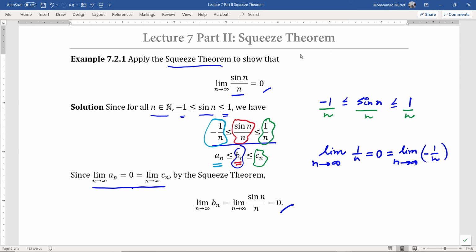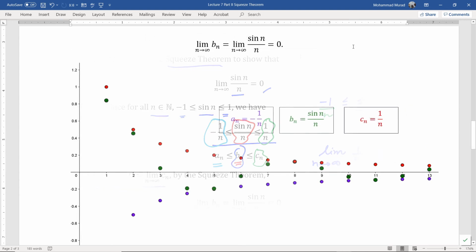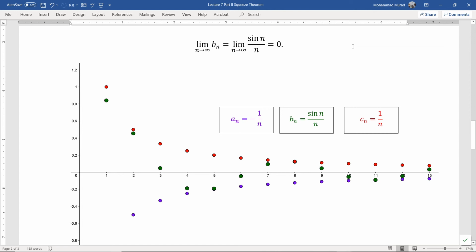Let's try to plot the first few terms of the sequence sine of n over n. In this figure, the sequence a sub n is plotted in violet and the sequence c sub n is plotted in red, and we see that the sequence of terms sine of n over n is squeezed in between the sequences a sub n and c sub n.